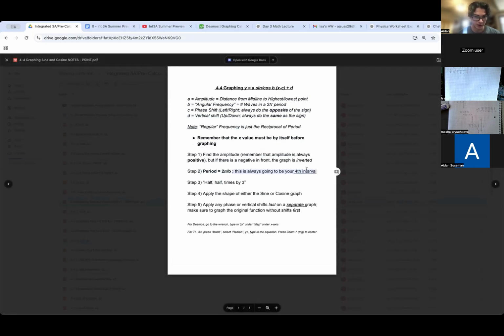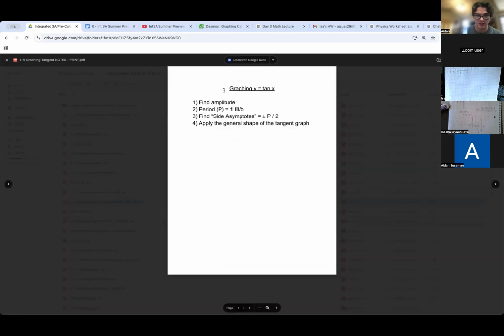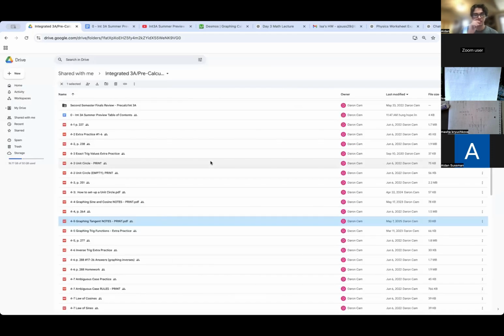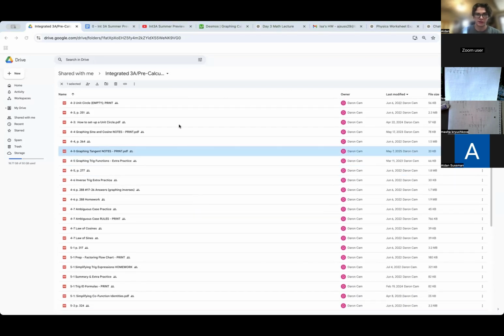This is going to be our fourth interval. So that just means we remember to multiply by 1/4. This is what each of the things mean. If you can get this down, then just remember for tangent, these are our notes for tangent. And cotangent is the exact same as tangent, but it's backwards. Okay? Does anyone have any questions before we go?